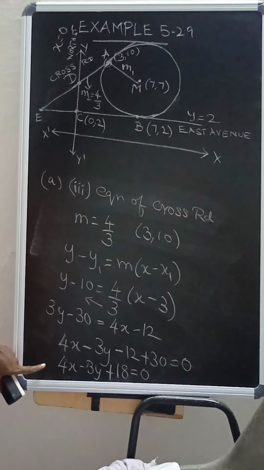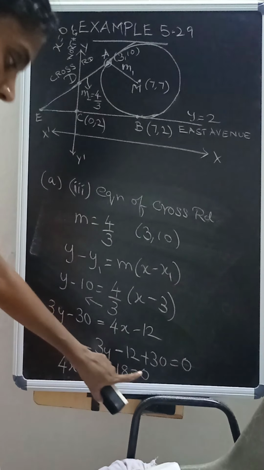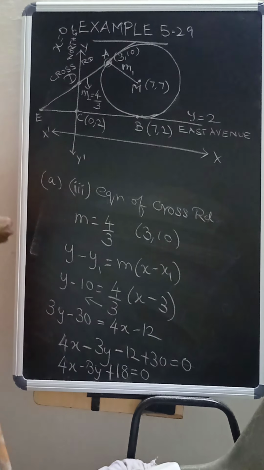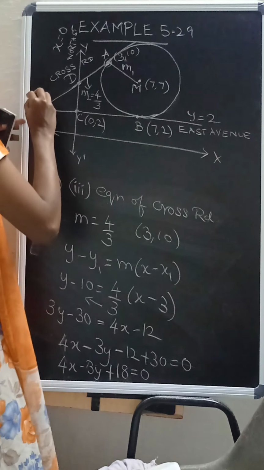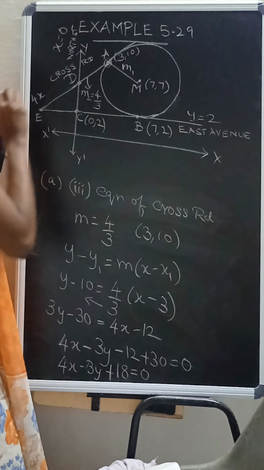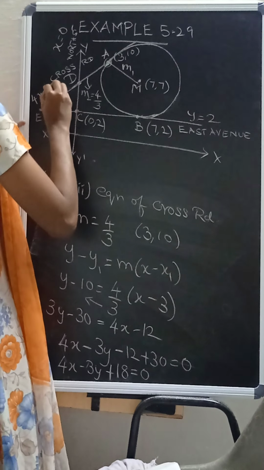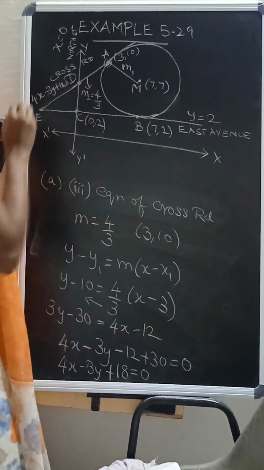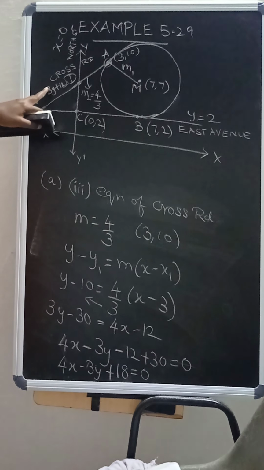So 4x minus 3y plus 18 is equal to 0 is the equation of the crossroad.